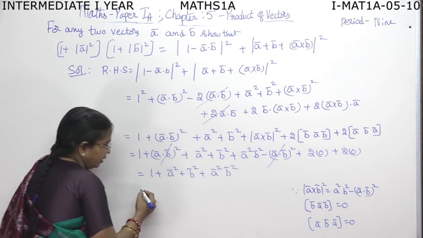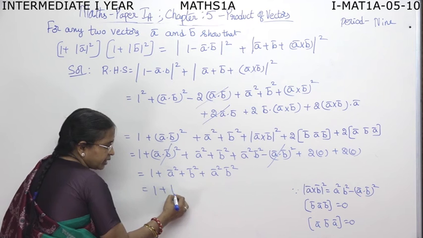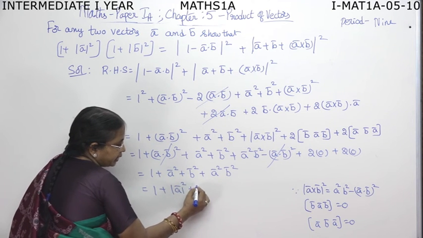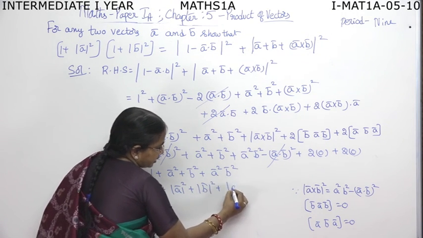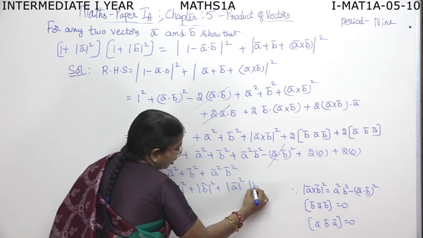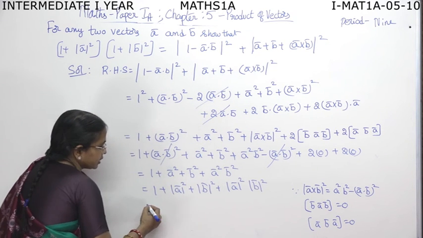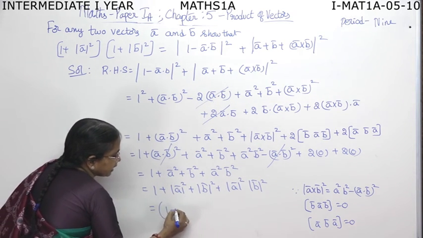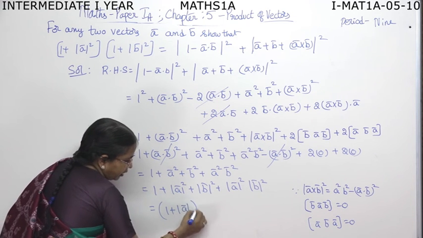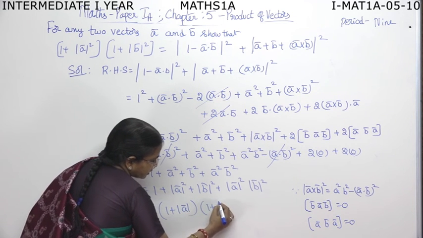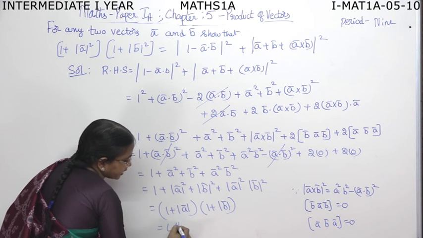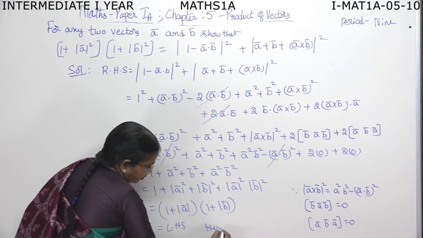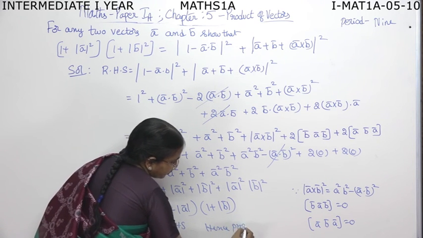A square is mod A square, B square is mod B square, and A square B square is mod A square into mod B square. Now you can factorize and write it as (1 plus mod A) into (1 plus mod B). So this is your left hand side. Hence it is proved.